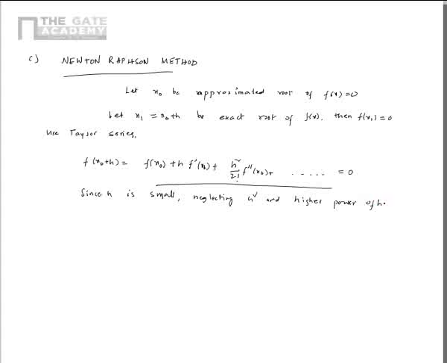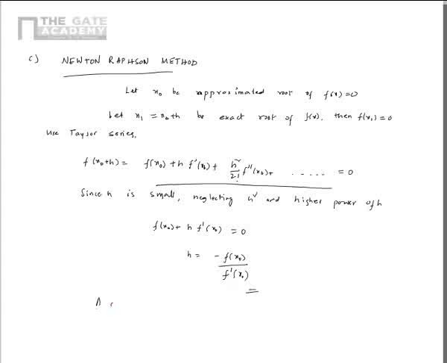So in that sense it will be f of x naught plus h f dash x naught, the higher terms are not there, is equal to 0. So h will be minus f x naught by f dash x naught. Okay, so this is the approximation.